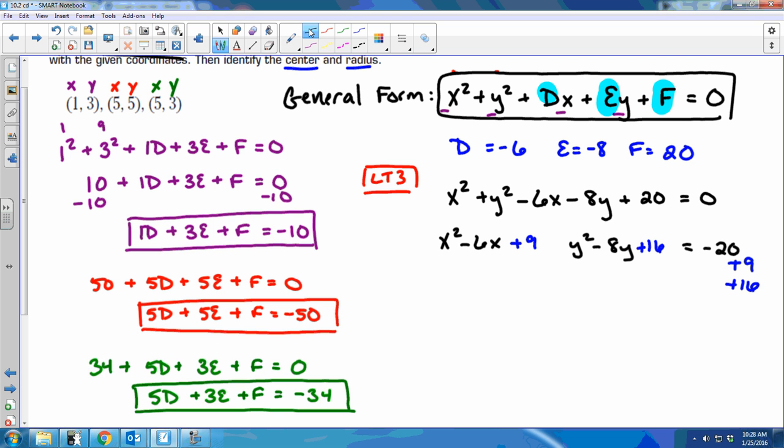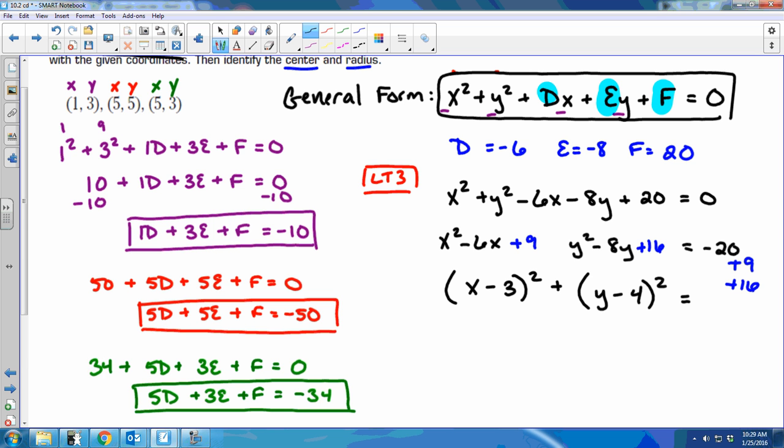Now we're going to factor. We have perfect square trinomials. Again, the factor is always just b divided by 2. So -6 divided by 2 is -3. So I have x minus 3 squared. -8 divided by 2 is -4. So y minus 4 squared.